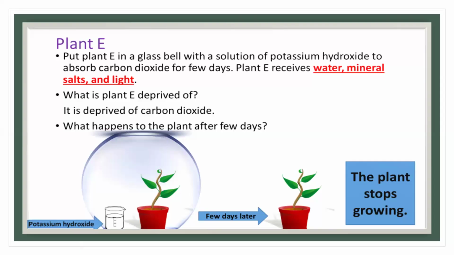After a few days, the plant will stop growing. So here, we deduce that the carbon dioxide is inhibited by potassium hydroxide, thus the leaves can't absorb the carbon dioxide.